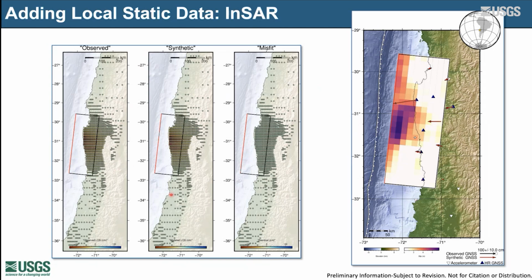And then here in the center, we have the model estimates of those line of sight displacements. And then on the right, the misfit, which is more or less zero everywhere, suggesting that it's fitting the data pretty nicely. Here, the model's maximum slip comes back down a little bit to about 8 meters.